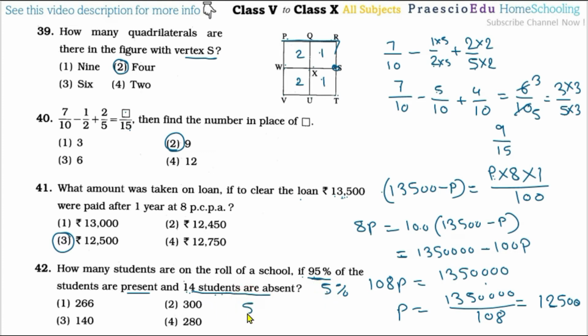So 5 multiplied by 1 by 100 multiplied by the box, which is the total number of students, equals 14.